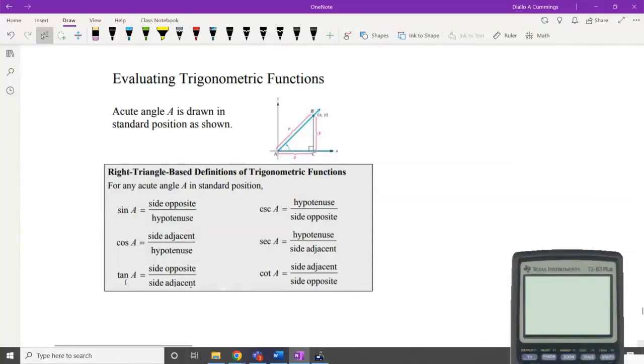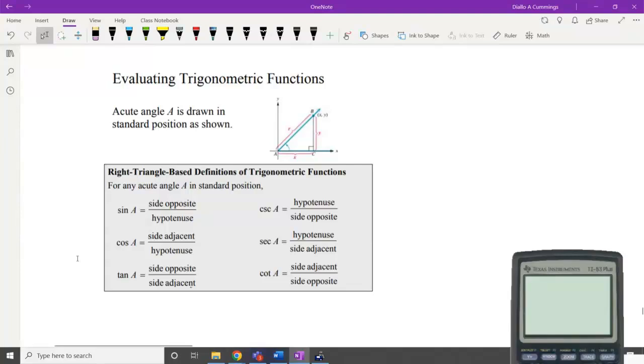The slide says right triangle, base definitions of trig functions. The sine of angle A is the opposite over the hypotenuse. The cosine is the adjacent over the hypotenuse, and the tangent is the opposite over the adjacent.